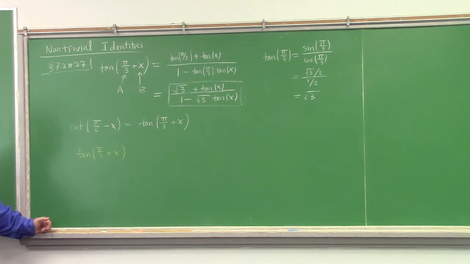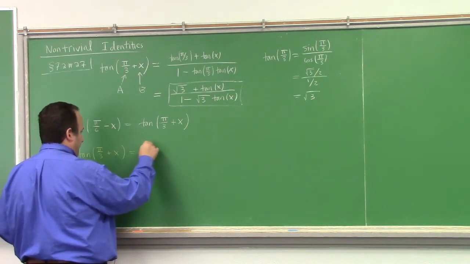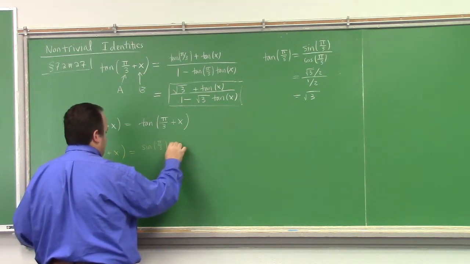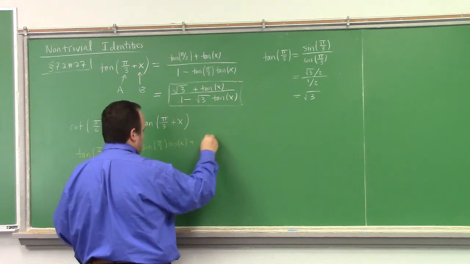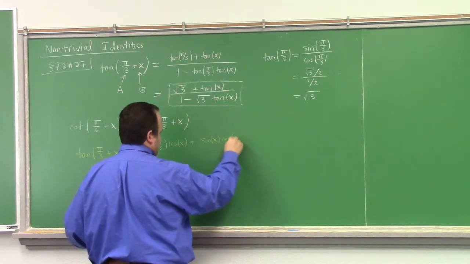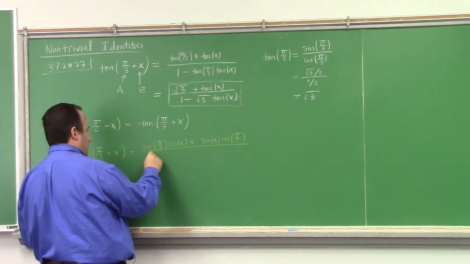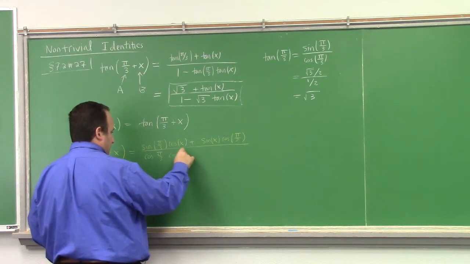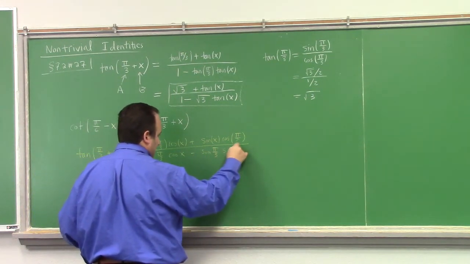It may actually be helpful to go back to our derivation of the tangent identity and see where that takes us. So this is really sine pi over 3 cosine x plus the sine of x, the cosine of pi over 3, right? Divided by cosine pi over 3, cosine x minus sine pi over 3 sine x.